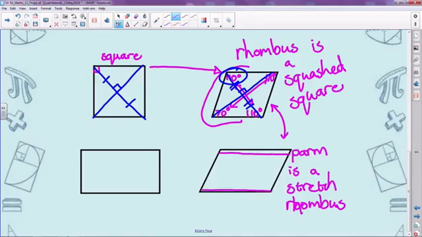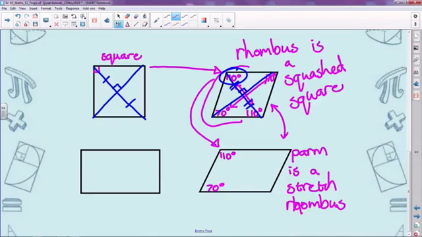Now, how has that changed anything? Well, the angles are still going to be the same if it's a stretched rhombus. So if it's that rhombus that's been stretched, then this angle should still be 110 degrees, and this angle should still be 70 degrees.